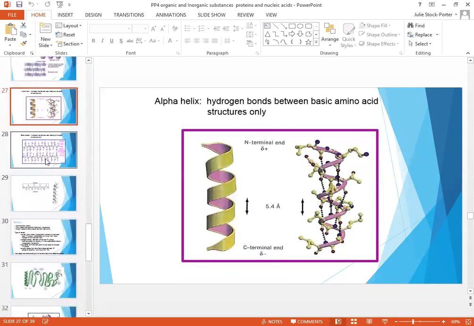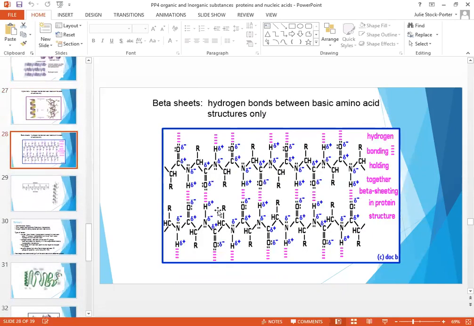A lot of this is just looking at these various figures and trying to understand what I'm pointing out to you. See this, when we talk about a secondary structure, do you see how the hydrogen is bonding with the adjacent oxygen and we're forming the secondary structure?